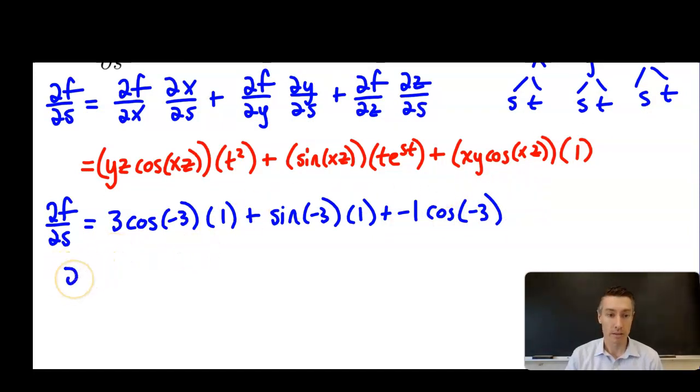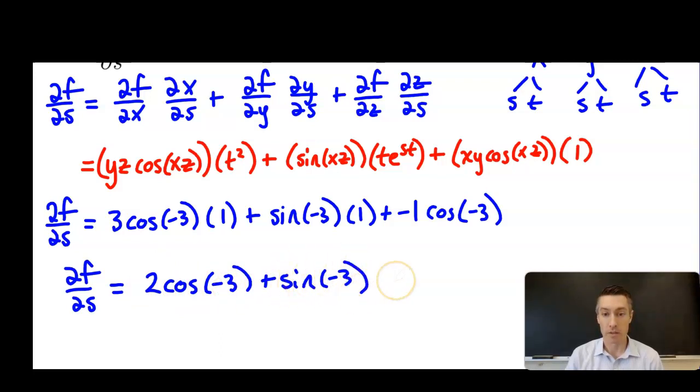So we get partial of f with respect to s is 2 cosine of negative 3 plus sine of negative 3.